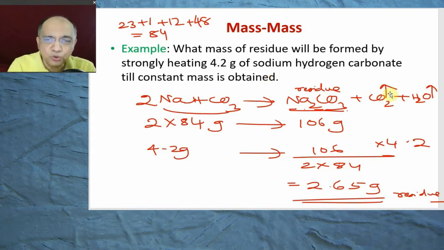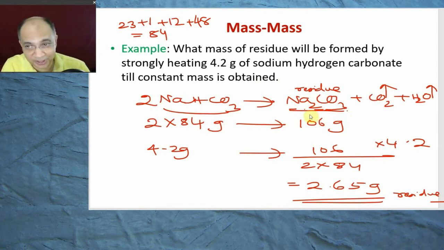So here sodium bicarbonate on heating will produce, the residue is sodium carbonate, not oxide, sodium carbonate, carbon dioxide and water. This much you have to know, that you have to complete the LOC course. Otherwise you will definitely be seeking the help of someone to get you the equation.